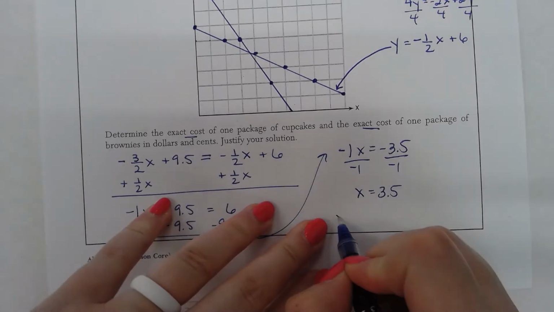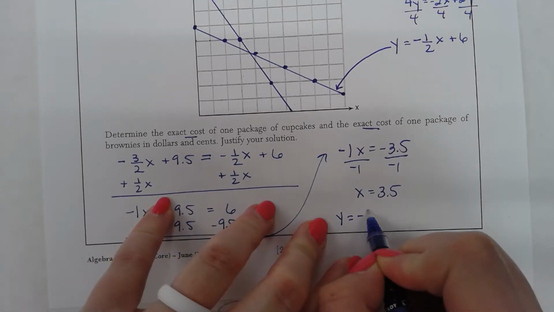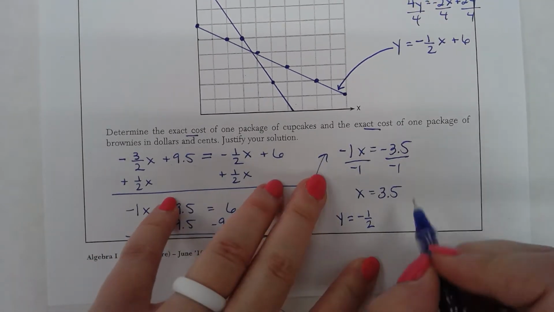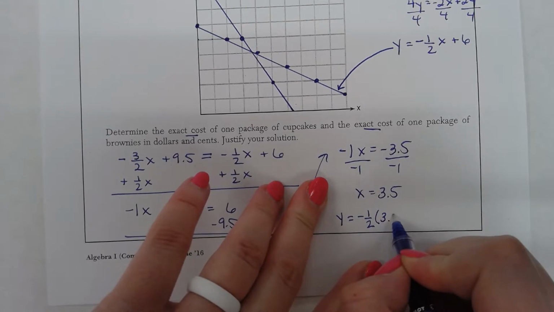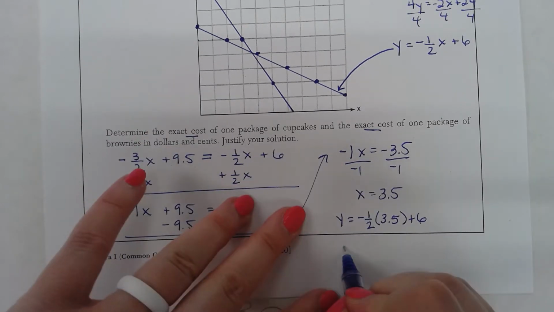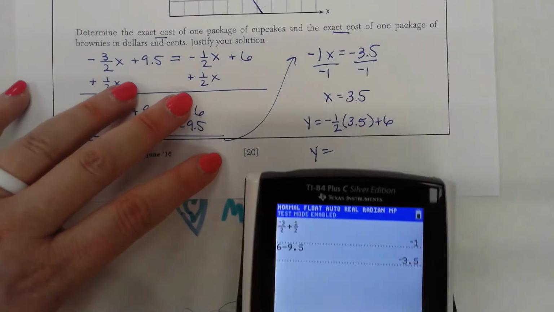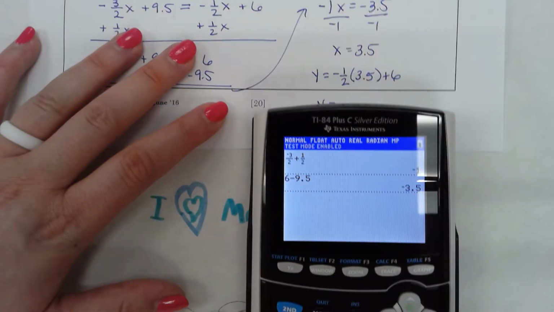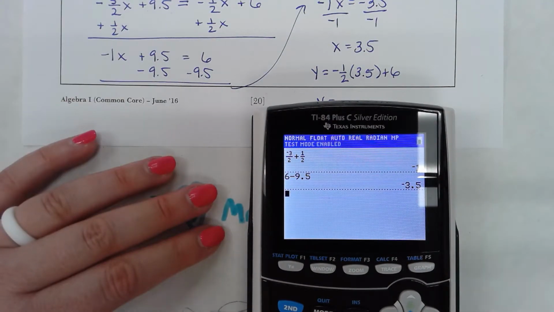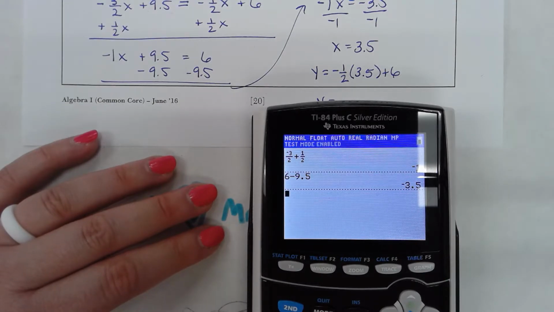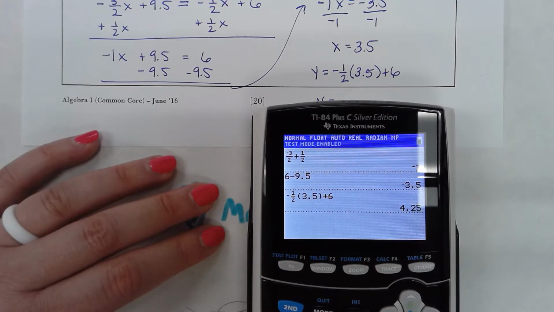So now I can take an equation: y equals negative 1/2 x plus 6. Well, I know what x is, so I can sub it in. And now I can just solve for y on my calculator. Negative 1/2 times 3.5, plus 6, is 4.25.